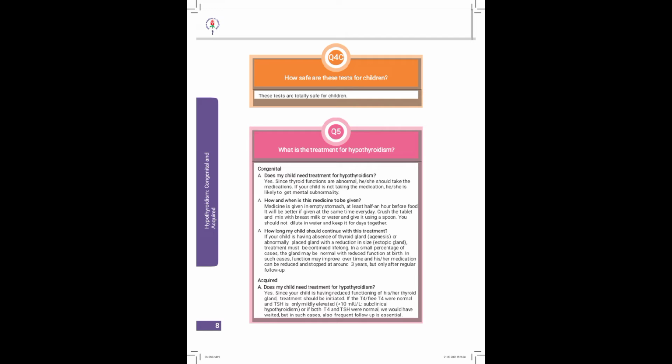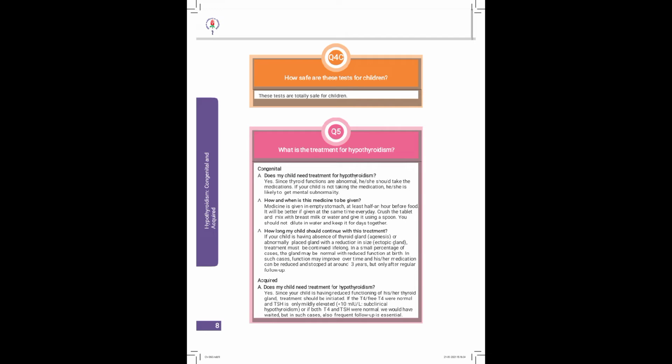How long should my child continue with this treatment? If the child has problems like complete absence or agenesis of the thyroid gland, or an abnormally placed thyroid gland with reduction in size, that is an ectopic gland, treatment must be continued lifelong. In a small percentage of cases, the gland may be normal with reduced functioning at birth.